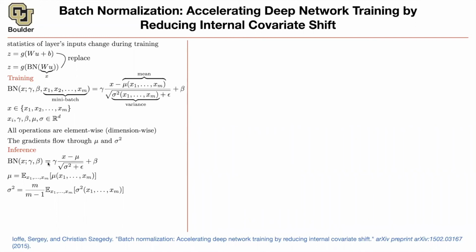And that's all happening in parallel. Yes. So if you had a normal neural network layer, you would have U1, and it's going to give you Z1. You would have U2, it's going to give you Z2, and so on. But with batch norm, your input, which is U1, is going to depend on U2, U3 up until UM through this mean and variance.